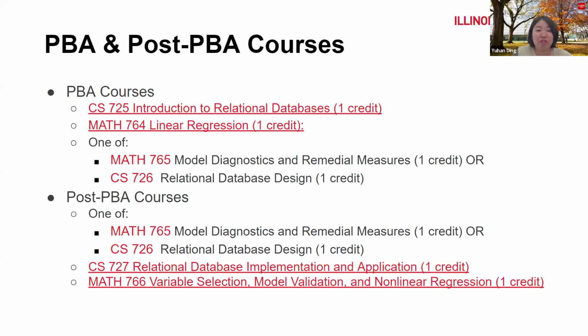After you finish these 3 PBA courses, if you take Math 765, you also need to take CS 726. I recommend taking them in order, because the course is split into 3 parts, so it will be nice to follow CS 725, 726, and 727. That will be good for you.